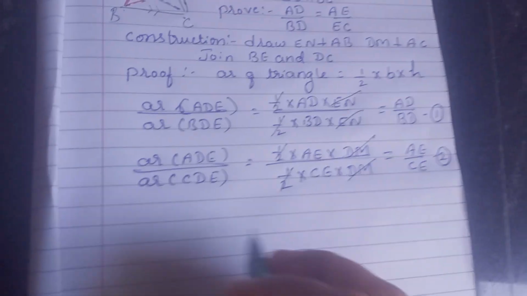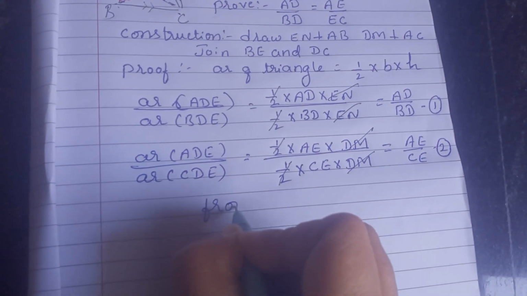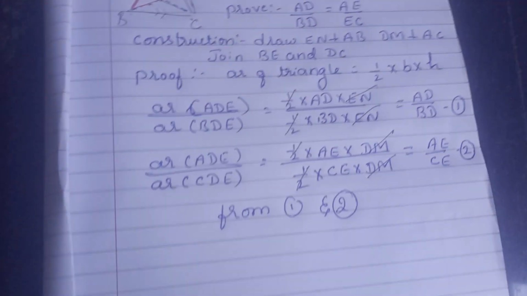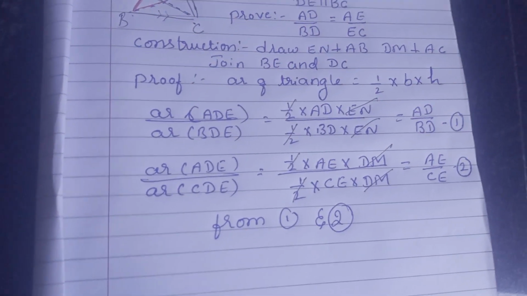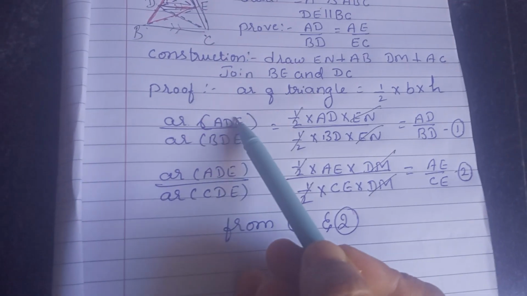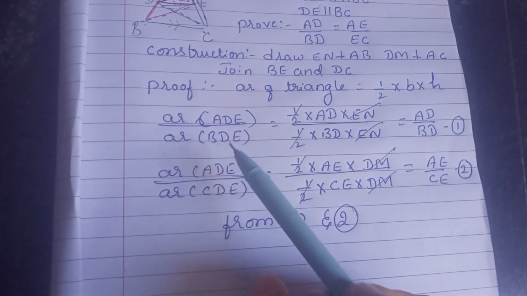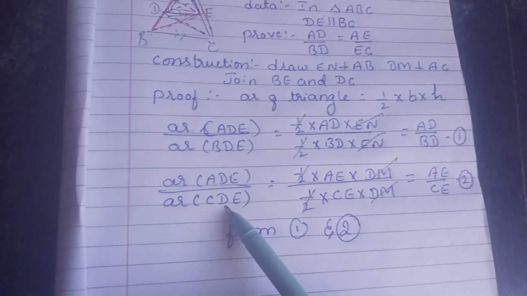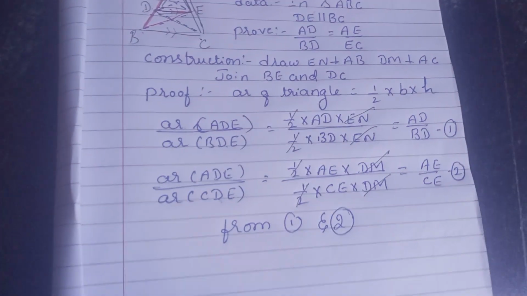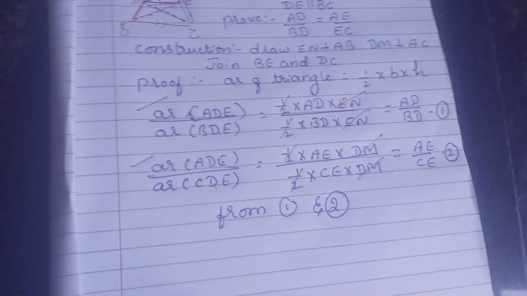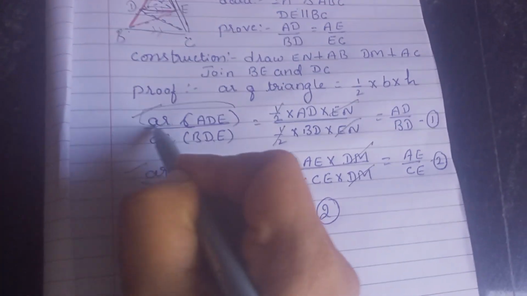From equation number 1 and 2, compare LHS. Area of triangle ADE by area of triangle BDE, and area of triangle ADE by area of triangle CDE. In this, numerators are the same.